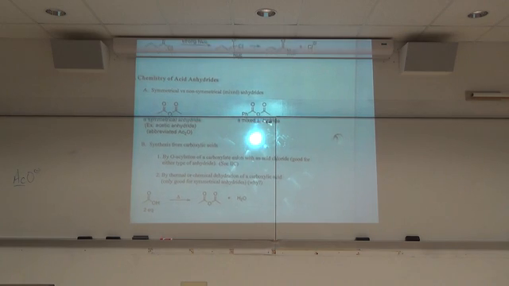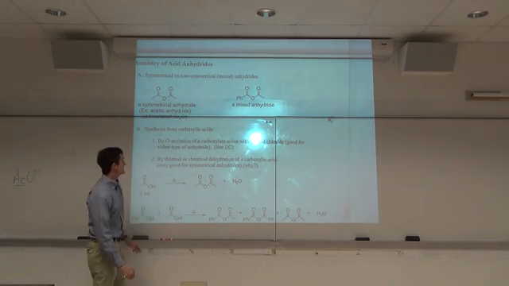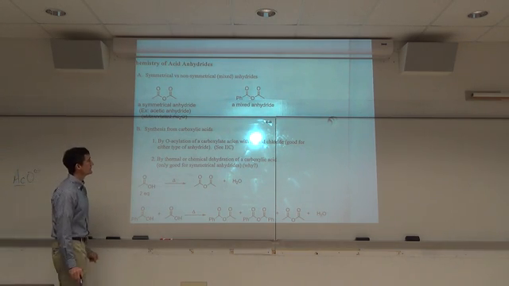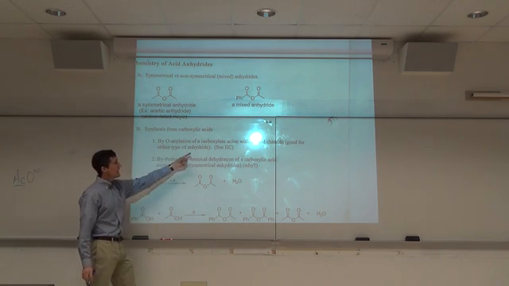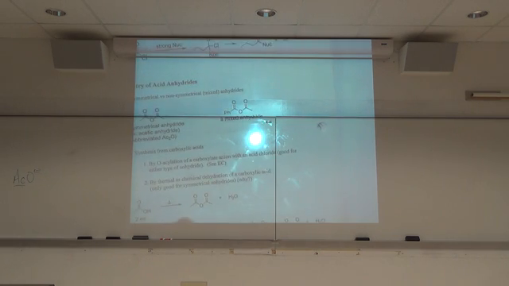Okay, how do you make anhydrides? You make them from carboxylic acids. All acid derivatives are made from carboxylic acids. We've already seen one way. Look back at Roman numeral 2c. What do we make over there?